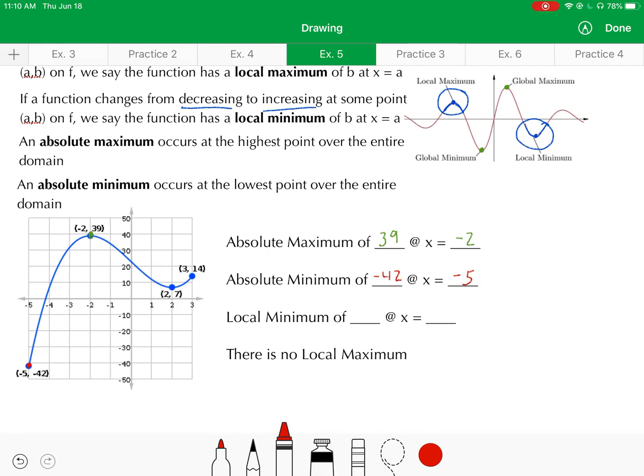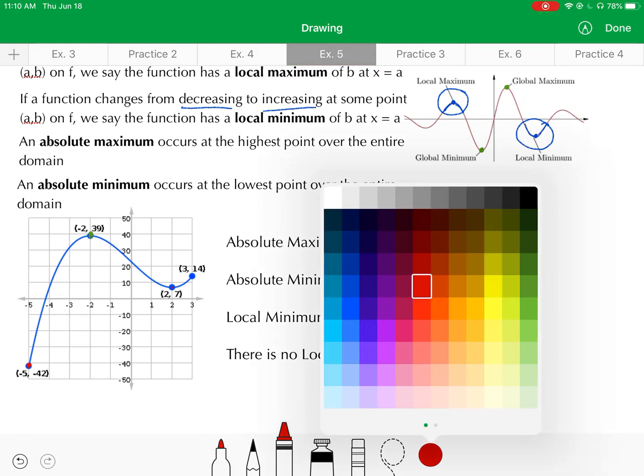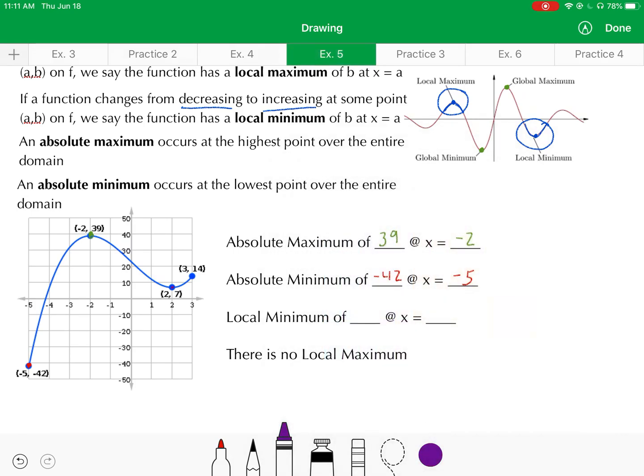So in this particular graph, the only local minimum we have is right here, okay? Right, we're decreasing on this side, and then at that point, we change over to increasing, okay? So I'm going to say I have a local minimum of 7 at x equals 2, okay?